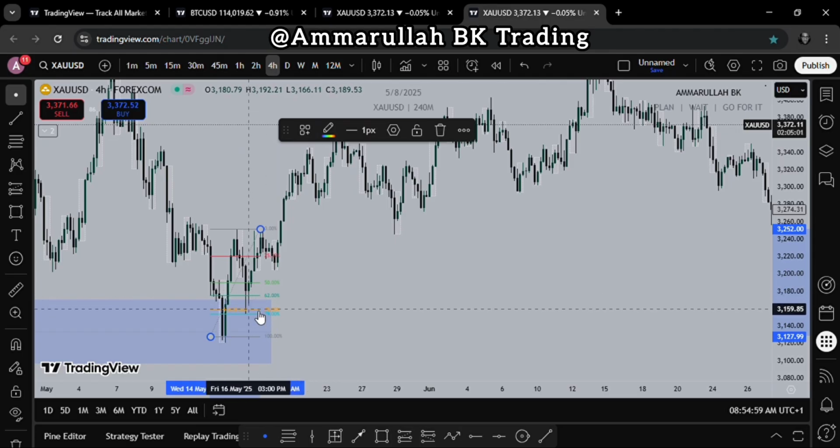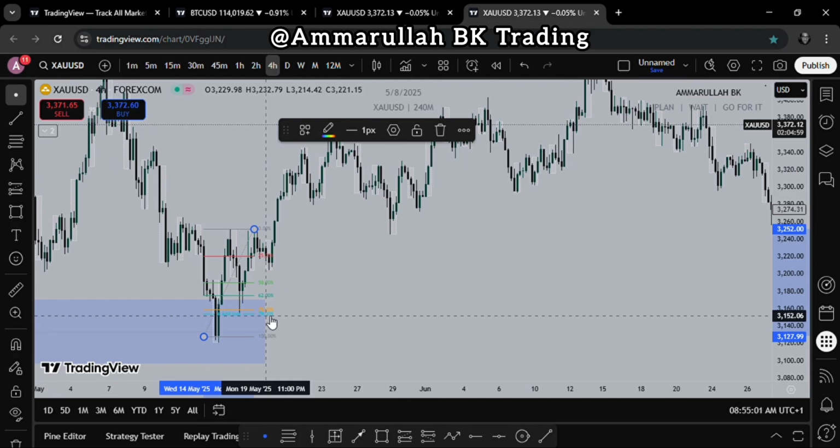Then you look for your entry opportunities below the equilibrium, right? Maybe a fair value gap below the equilibrium, or any other PD array, right? Maybe an order block or anything. We'll come to that at the end of the video, inshallah.